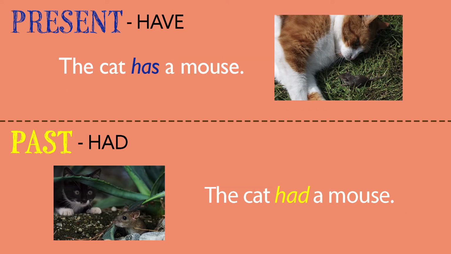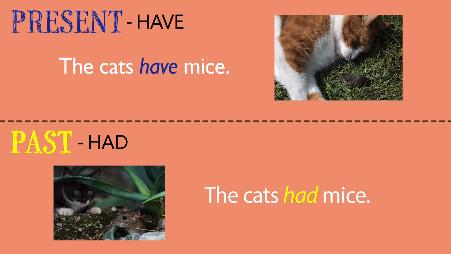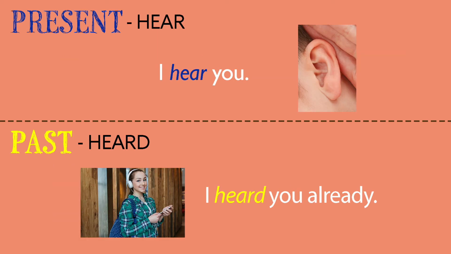Have. The cat has a mouse. Had. The cat had a mouse. Have. The cats have mice. Had. The cats had mice. Hear. I hear you. Heard. I heard you already.